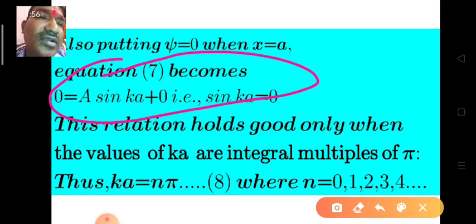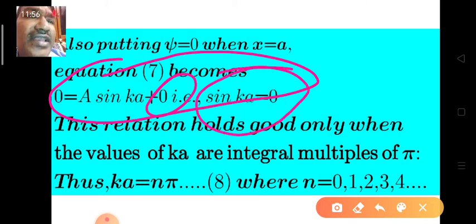As a result, a sin ka, otherwise sin ka, becomes 0. This is a very important point to remember.